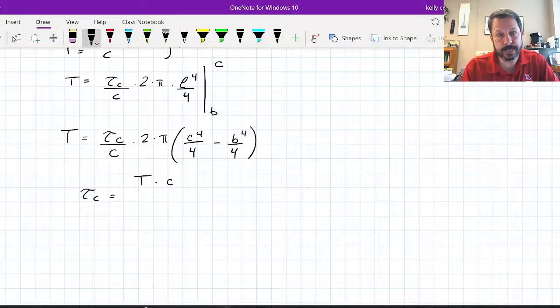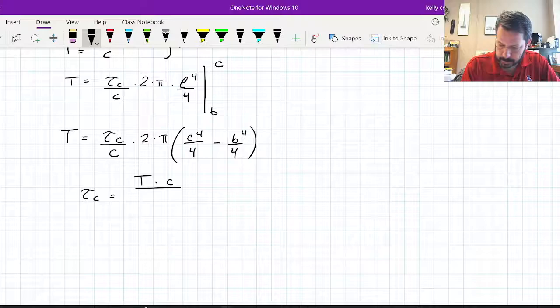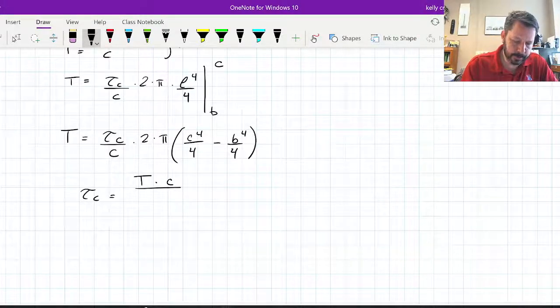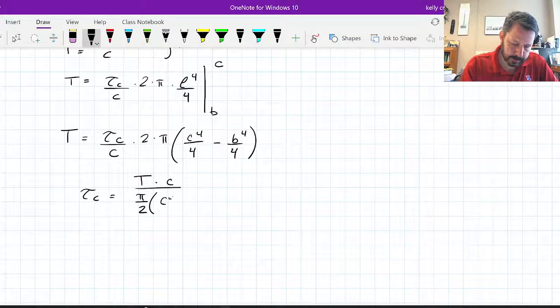Again, that's for the maximum shear stress, over, let's see, I had 2 pi, now I've got pi over 2, because I had c to the fourth over 4. So I'm going to take the 4s and the 2s and turn that into pi over 2 times c to the fourth minus b to the fourth.